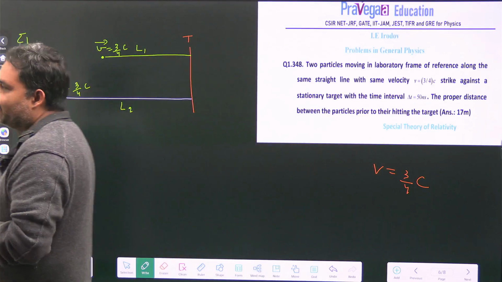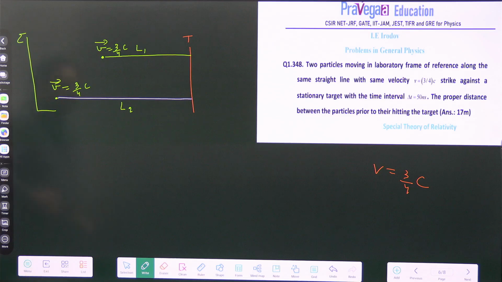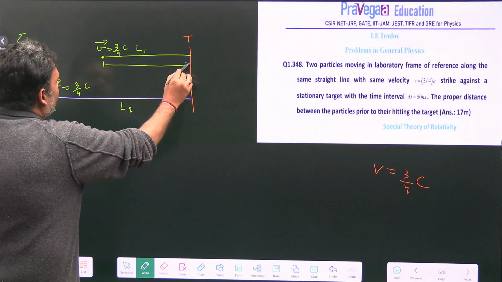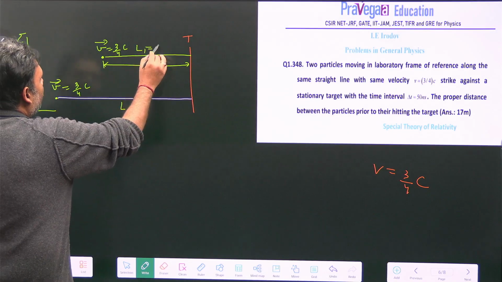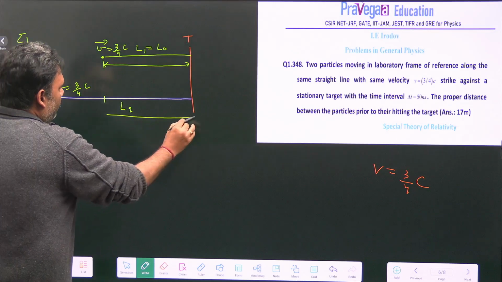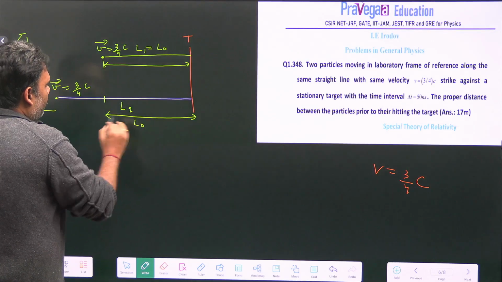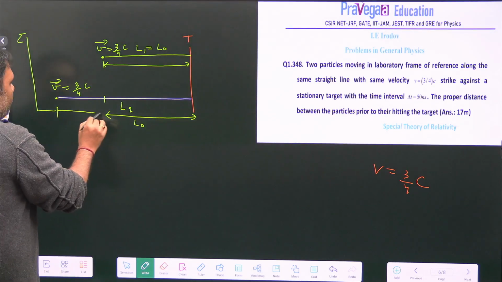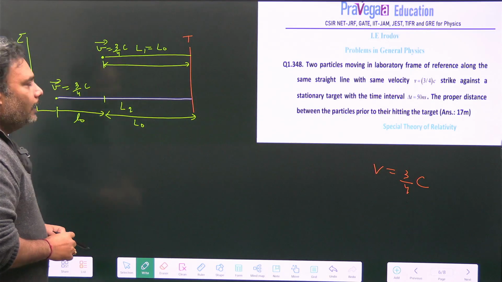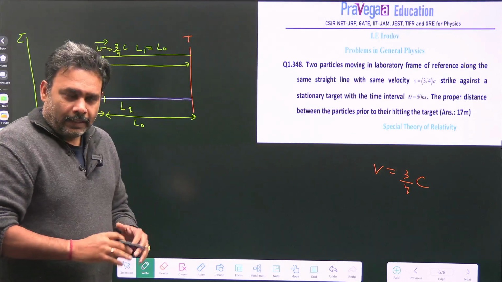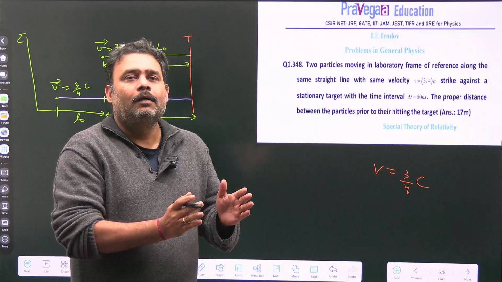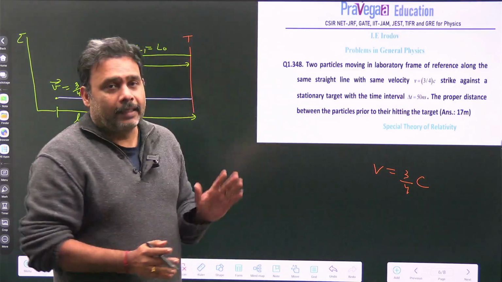So let us try to solve this problem. Let's assume this L1 is something, capital L0. I can mark this point, and this is also capital L0, and this length is small l0. We have to calculate the proper length before hitting the target.